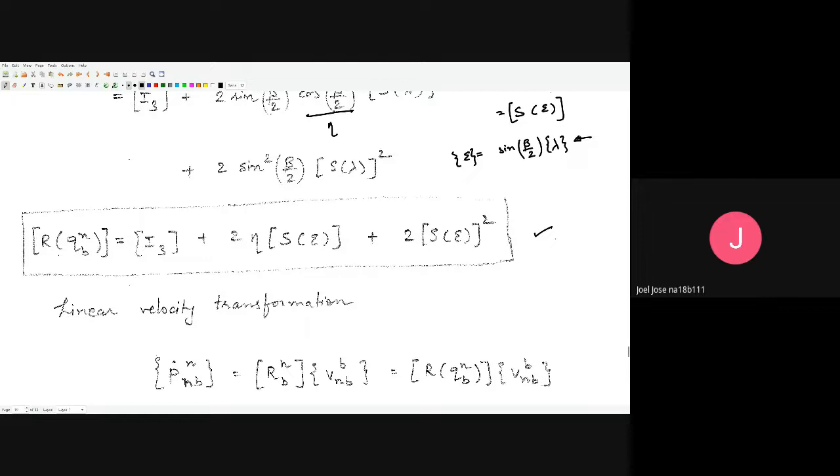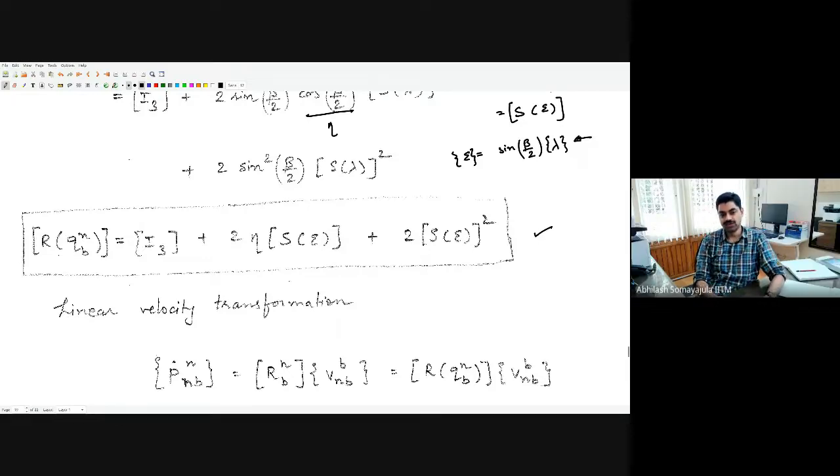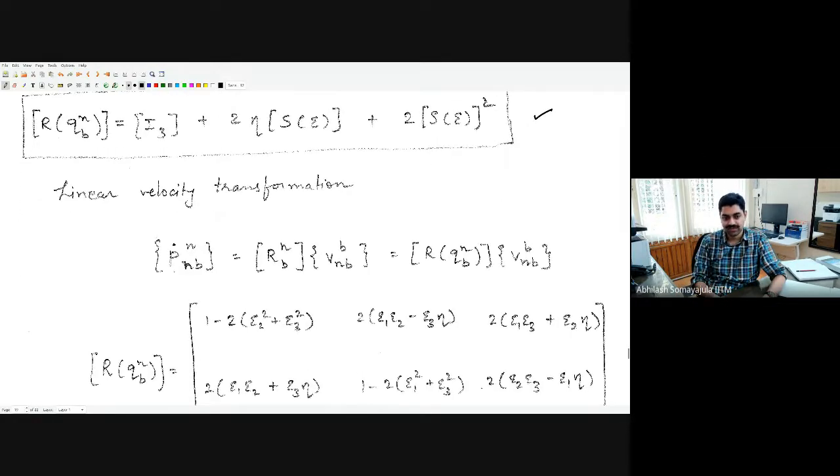Yes, sir. All right. Now that we know how to parameterize the rotation matrix, we know that the linear velocity transformation or the translational velocity transformation simply becomes that the position vector of the origin of B with respect to N, the time derivative of that is nothing but the rotation matrix times the velocity expressed in the body fixed frame.